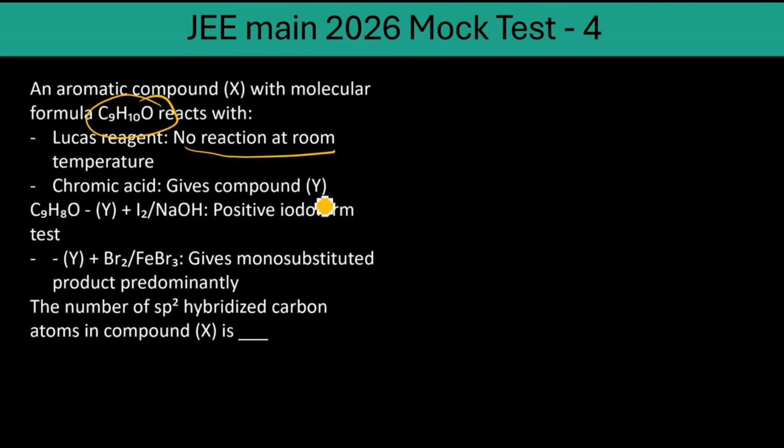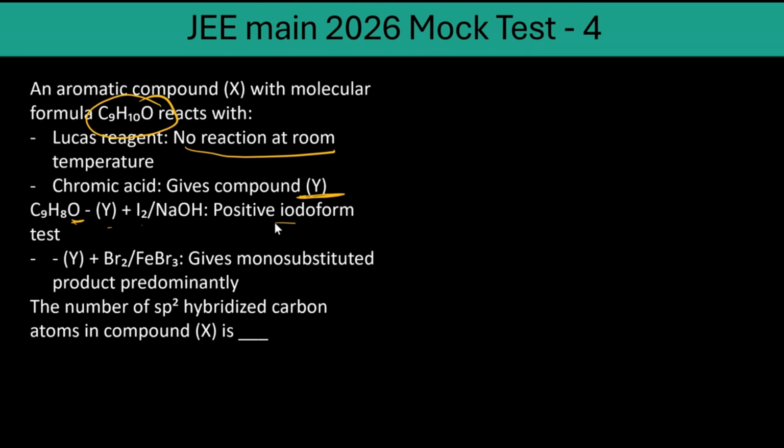With chromic acid, it gives compound Y. If I'm having an alcohol with chromic acid, a primary alcohol immediately gives carboxylic acid, and a secondary alcohol will give ketone, right? It will not go up to carboxylic acid for secondary. They are saying it gives compound Y having only one oxygen, so it is not primary. It must be a secondary compound, X.